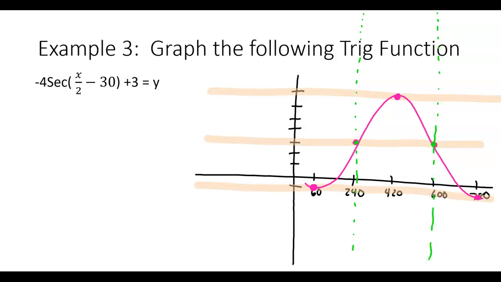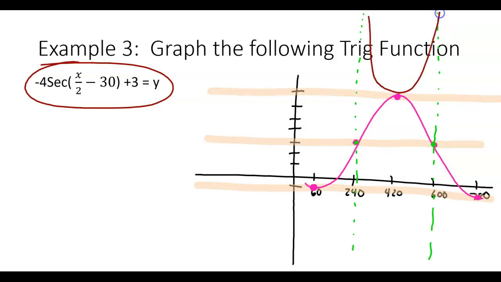And after that, we could just go ahead and put our secant in there. I'll do it in this red color. So it's going to look like this up here, like this here, and then like this here. And that's it. Once again, you could extend the cycle and put more on there if you want to, but I really only need to see the first one.